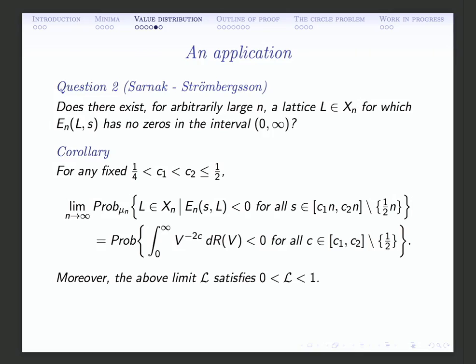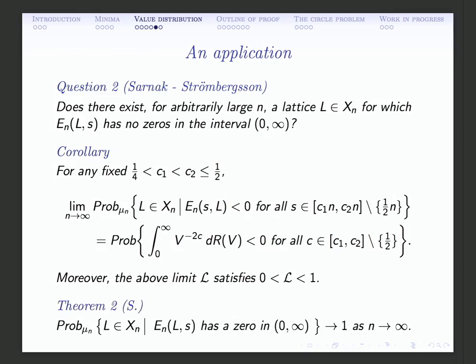And if you do a little bit more work, you get the following theorem: if you let, in this case, C1 tend to a quarter, so you take as large a portion of the real line as possible in this corollary, then the Epstein zeta function will tend to have a 0.